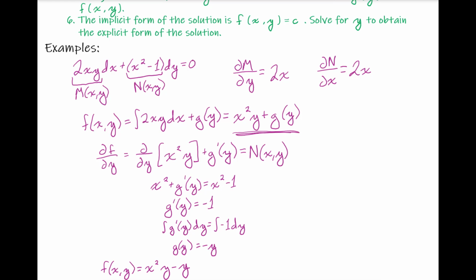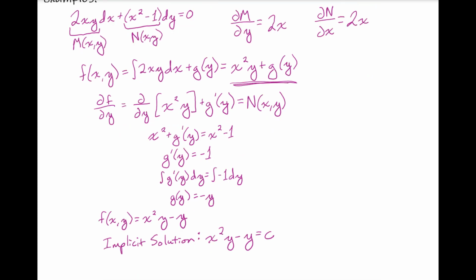So, the implicit form of the solution is f of x,y equals c. I can find that simply by setting x squared y minus y equal to c. And I can solve for the explicit solution by solving this for y. That'll require factoring out a y and then dividing by whatever is remaining.